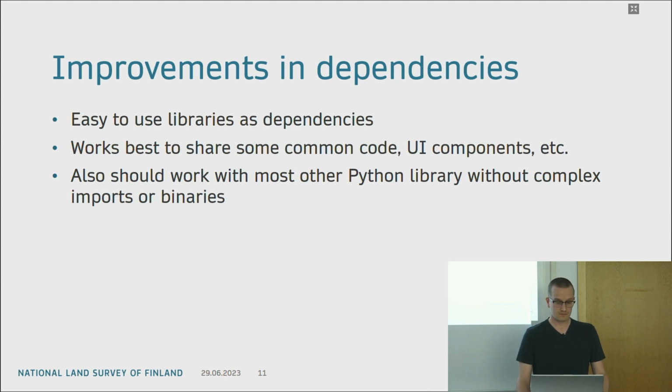And also this should work with most other Python libraries that don't have any complex imports or binaries. For example, we took a dependency on a library called Qt-utils, which had some helpful code for managing our threading issues.